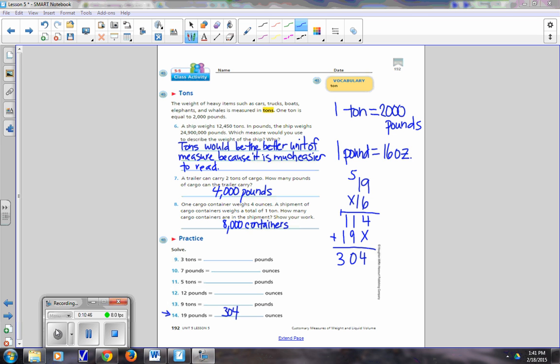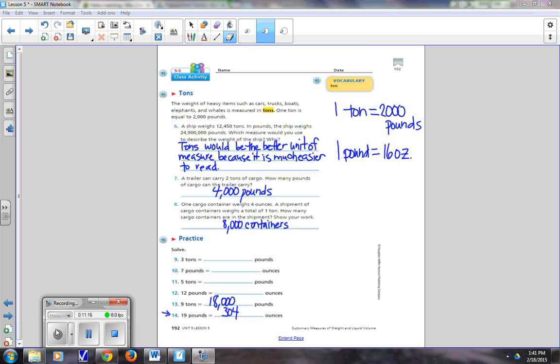Let's try the next one. 9 tons. I know for each ton, I have 2,000 pounds, and I want to know how many pounds are in 9 of these. So I need to do 2,000 times 9. That's 18,000.